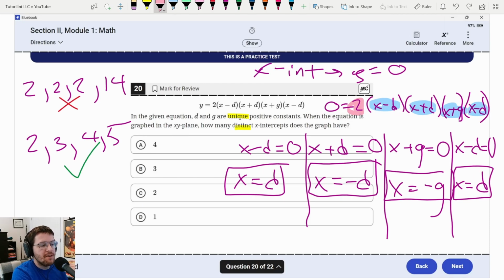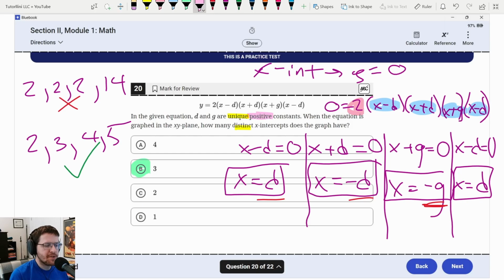So the number of unique x-intercepts I have, well, I have d, I have negative d, and I have negative g. So there are 3, which gives us answer choice B. d and negative d could be the same if d were 0, but notice how in the question we don't have to worry about that. It says positive constants, so we're good.